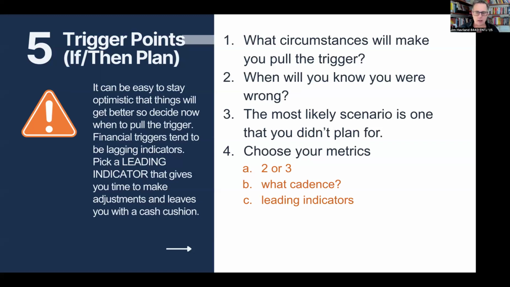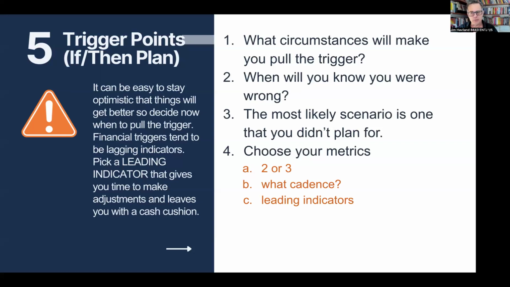I had a company myself that sold to the universities, and suddenly all of our contracts were severely cut back or taken to zero. And there was really no way to plan for that. It was somewhat unprecedented in scale and scope, and that's the way it is. You can't necessarily plan for everything, but if you run through these steps, more than likely you're going to be more resilient and be able to better survive whatever does happen.